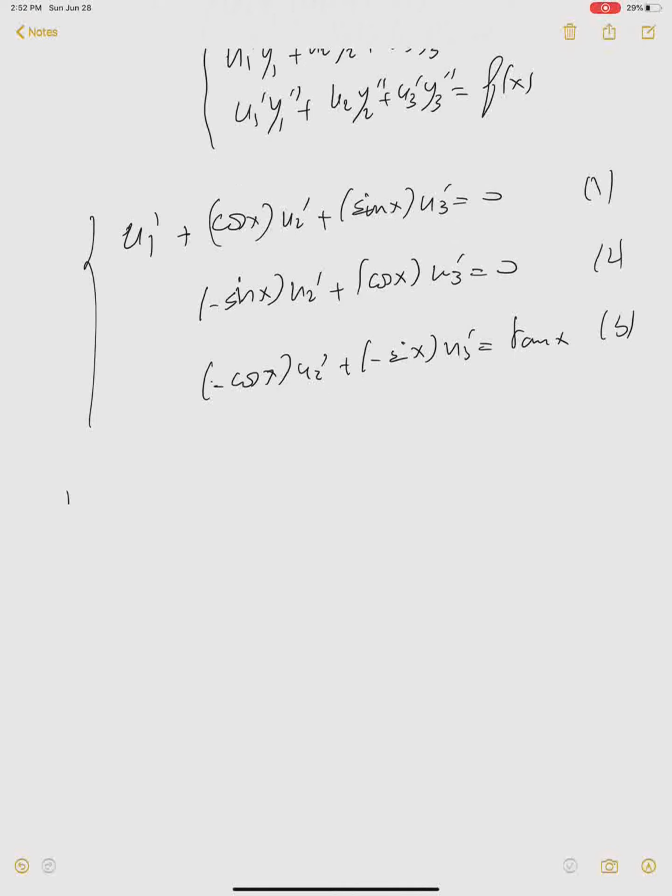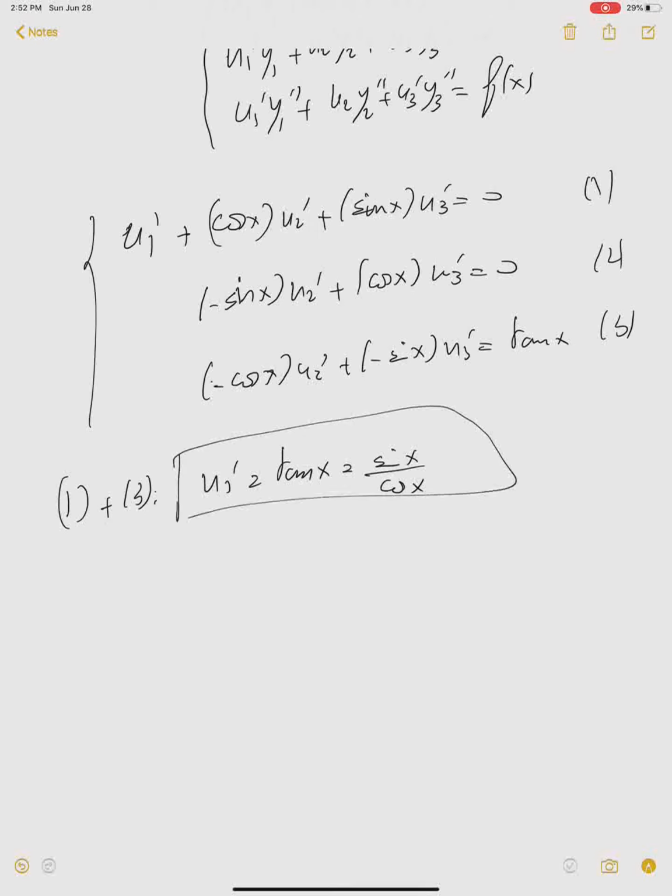Now notice that if I do 1 plus 3, I get u1 prime equal tangent x, which is equal sine x over cosine x. So this is my first solution.